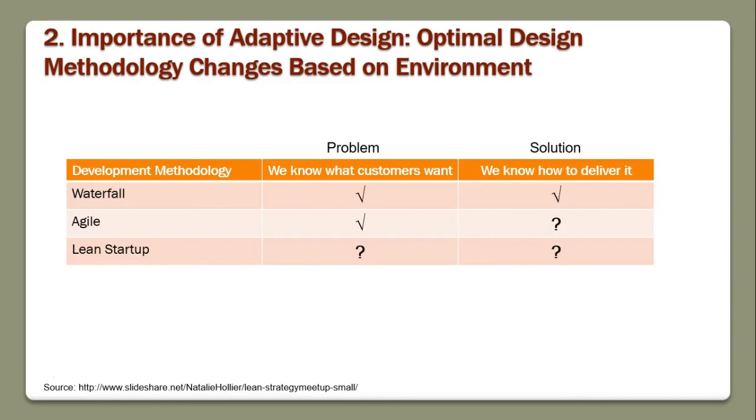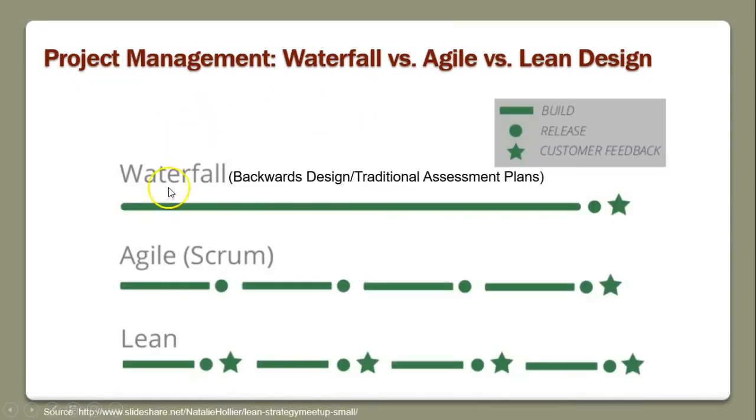So waterfall is the more traditional way to approach project management, but then there's other approaches called Agile and Lean Startup. And so the difference is with waterfall, you might take 5 years, launch a product, and get feedback. Let's use this in a nonprofit example. You might spend 3 years designing a new program to serve men, and then you launch it, and then you get feedback, and then in another 3 years you revise it.